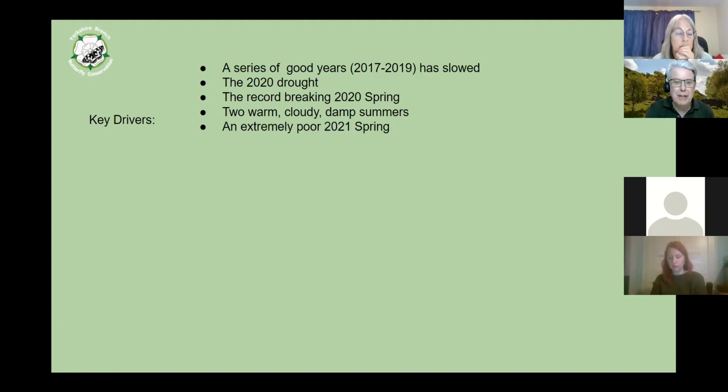So obviously the extremely poor spring of 2021 we've covered. Another key factor, 2 good late summers, which should really help the vanessids, the hibernating species, the tortoiseshells and peacocks. And so far this year, after a very warm autumn last year, the numbers are quite good.